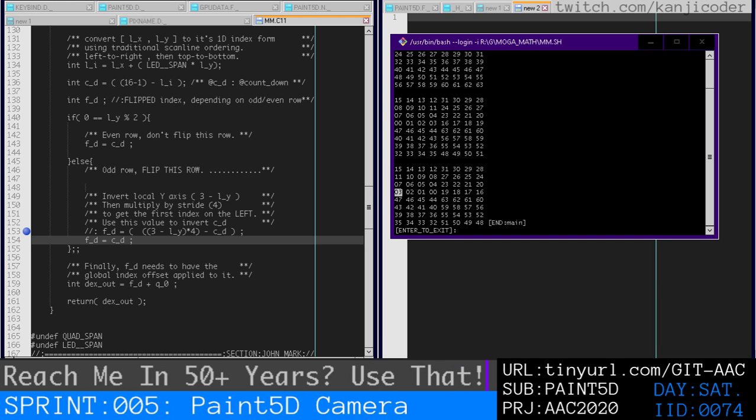So instead of 0, 1, 2, and 3, we want to invert it, so this is 3, 2, 1, 0. So 3 times 4 is 12, right?